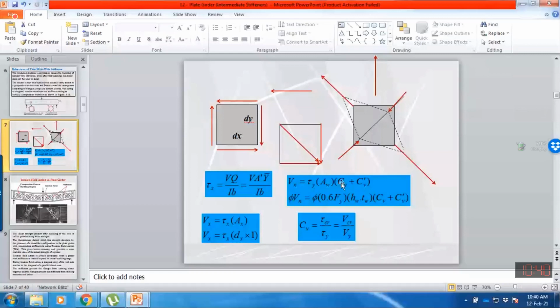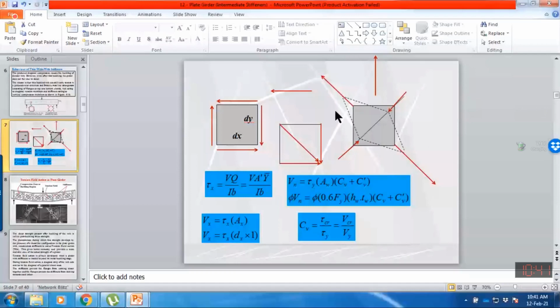But the experiments have suggested that if, after buckling, the tension is developing along the diagonal direction, and these tensile forces are resisted by some other type of member, then we can improve or enhance the shear capacity of the web.